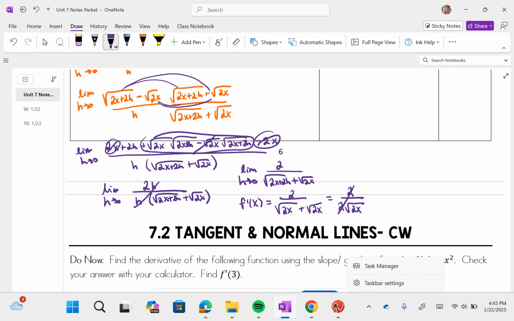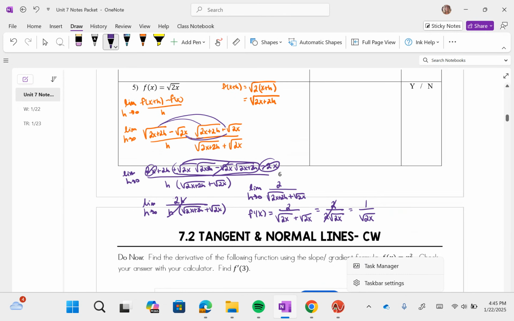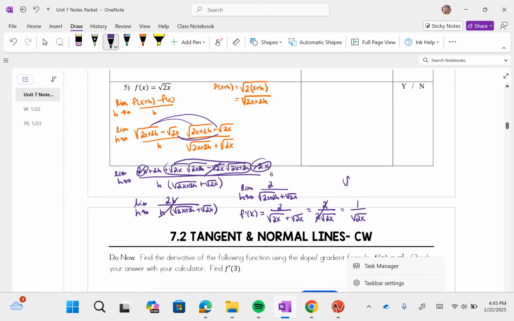And then these would cancel, and I would get 1 over the square root of 2x. So now I have the derivative is equal to 1 over the square root of 2x.